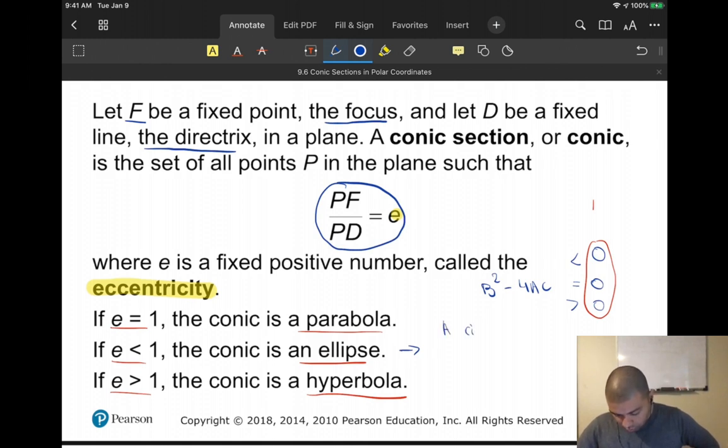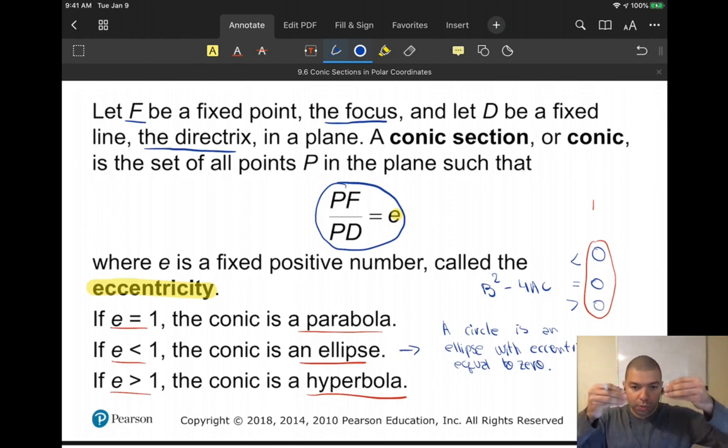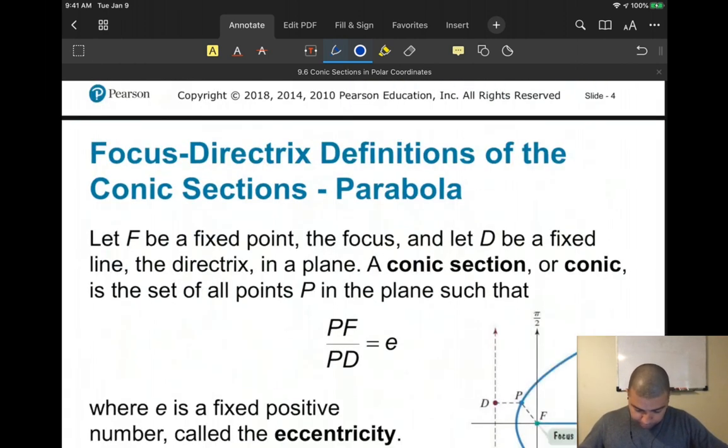A circle is an ellipse with eccentricity equal to 0. So that's an important piece of knowledge for the future here, which makes sense, right? An ellipse is a weirded out circle. You sort of elongate it in one direction, and if you sort of don't have any deformations on the ellipse, then that's just a circle. Okay, anyway, let's keep going.